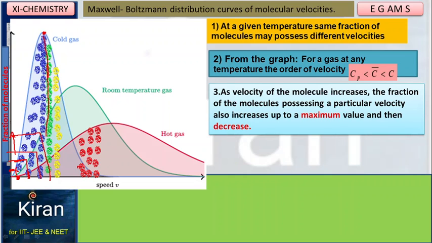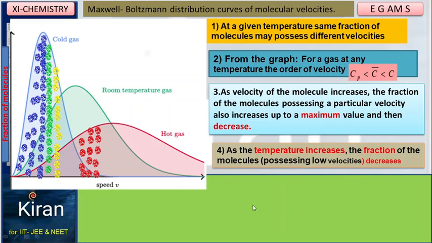Finally, at this fraction the velocity is high, but very few molecules are there. That is the reason that as the velocity of the molecule increases, the fraction of the molecules increases up to a maximum value and then decreases.